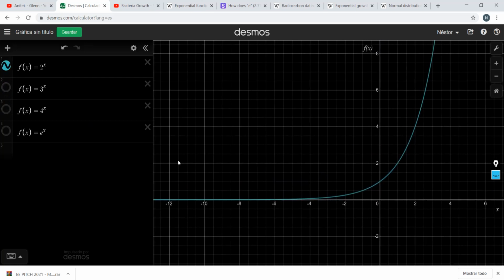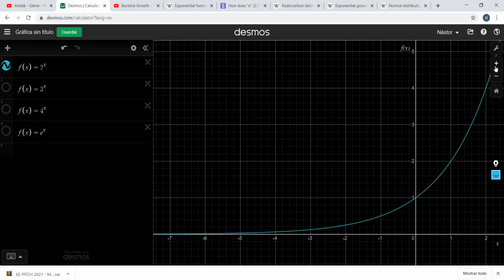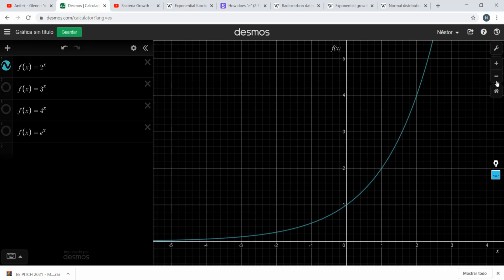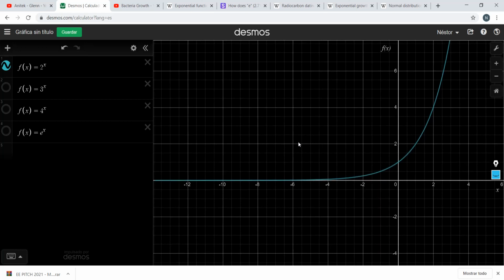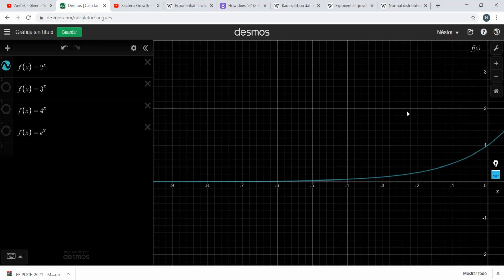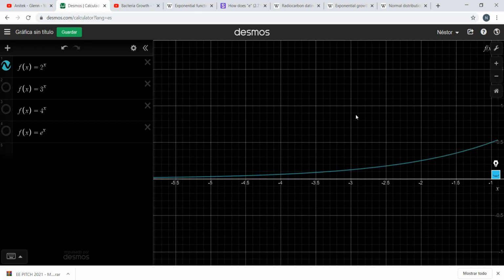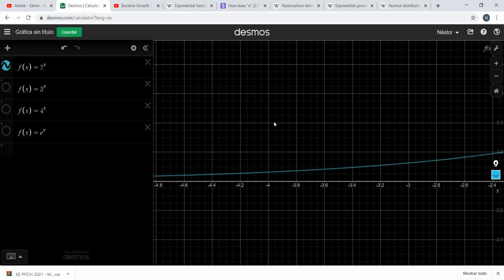Okay, same first function, f of x equals 2 to the x, and tell me whether there is a line, horizontal or vertical, such that the graph of the function approaches such line more and more and more, but without touching it, just getting closer to it.